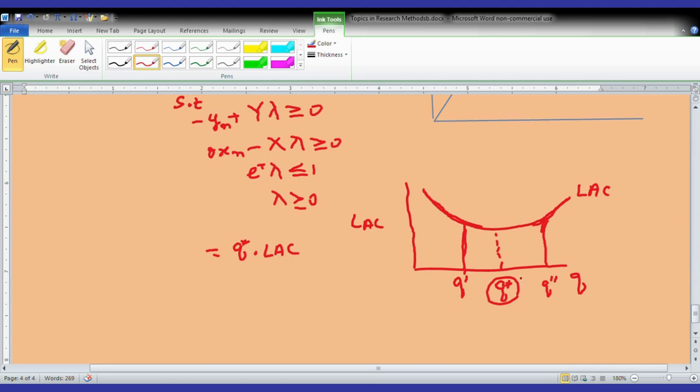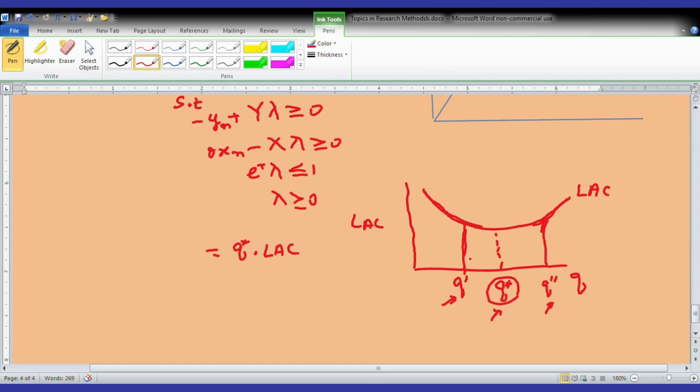So this is the concept of scale efficiency or scale inefficiency. Q star is the scale efficient, optimal scale of operation, and any quantity to the right or left of Q star is a quantity where scale inefficiency exists.